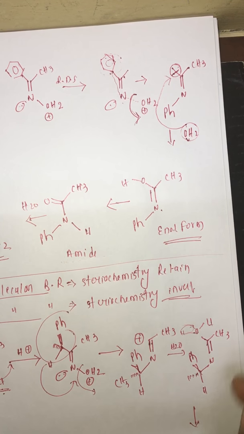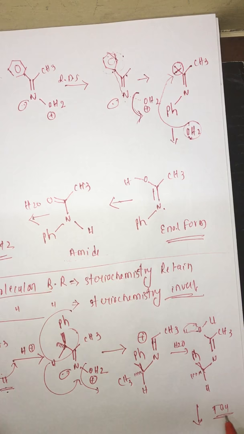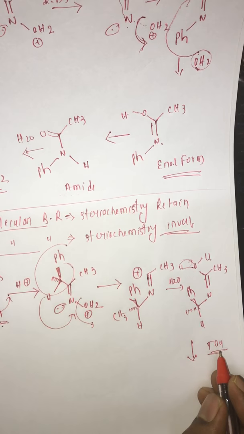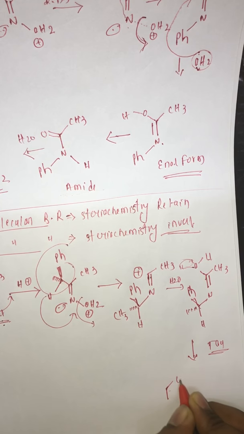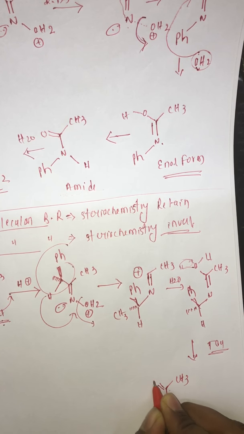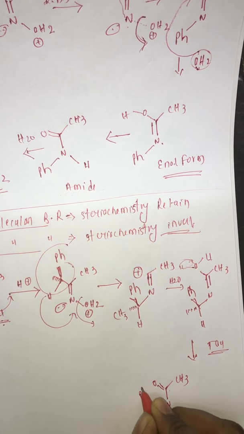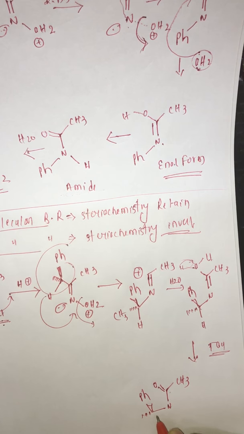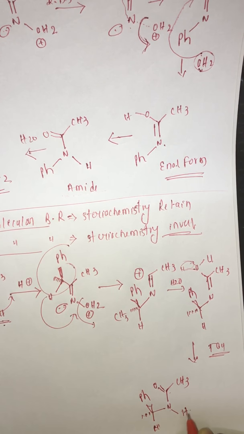So now we have the enol form, so there will be tautomerization. Because of that tautomerization, the enol form will get converted to the keto form. So that keto form looks like this: N, Ph, methyl and hydrogen, and here NH.